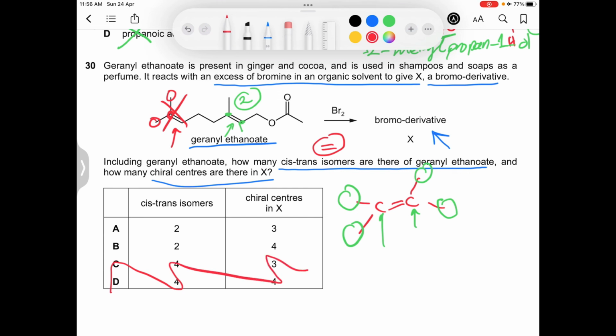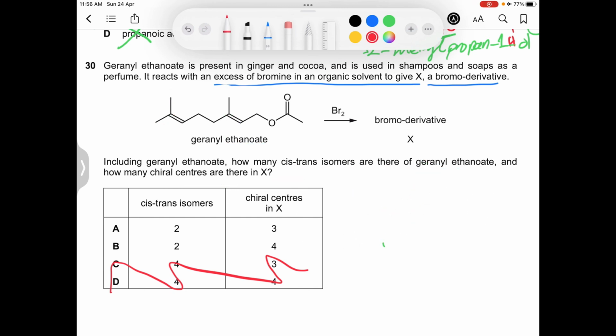And now let's see what happens as a result of adding bromine atoms. So I'm going to erase all of this stuff in here. I just want to change it to a normal bond, and we will have a bromine here. Once you add Br2, you will add Br here and here, on both carbons, Br and Br. So how many chiral centers do we have?